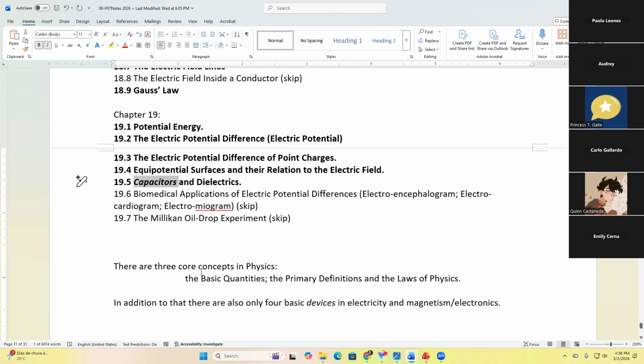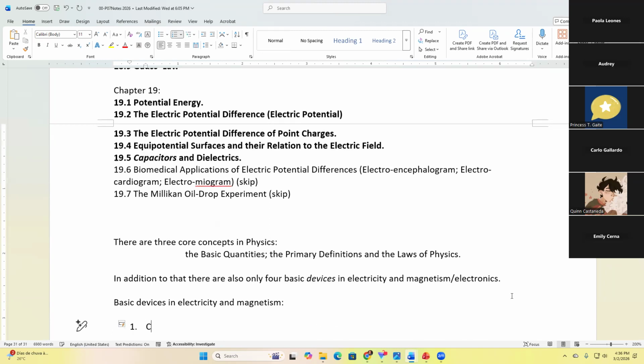Which is just one of the four basic devices in electricity and magnetism and electronics. And let's talk about those important basic devices in electricity and magnetism.